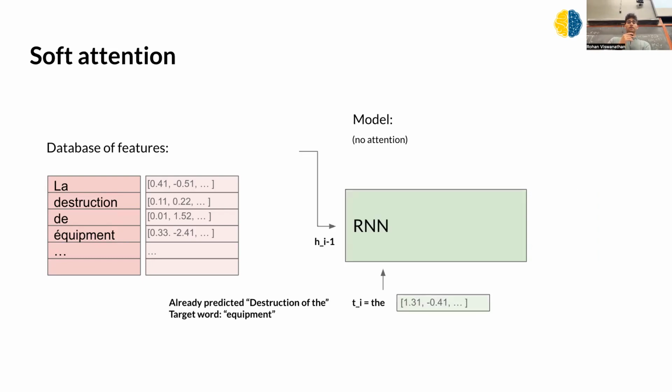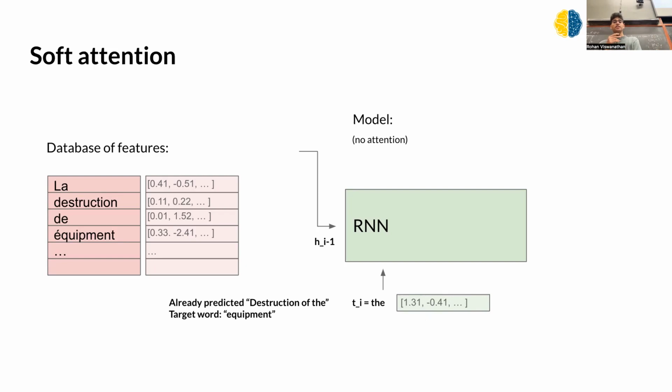We already predicted "destruction of the," and now our target word is equipment, right? We have our last token, which is "the," and we have the representation that we've produced, which is this vector over here. We're trying to see how this model relates to our database of features, and how we can intelligently determine that the next target word is equipment.